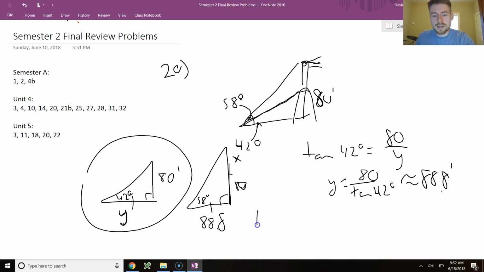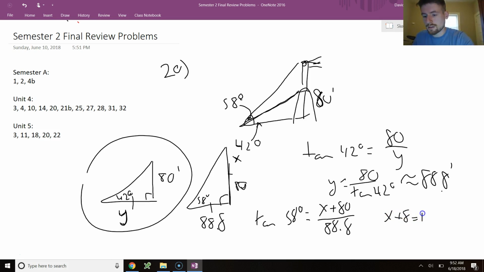So we now know tangent of 58 degrees is equal to x plus 80 over 88.8. I'm going to use that whole number in my calculator to figure this out. So I get 88.8 times tangent of 58, and I get x plus 80 is equal to 142.19.